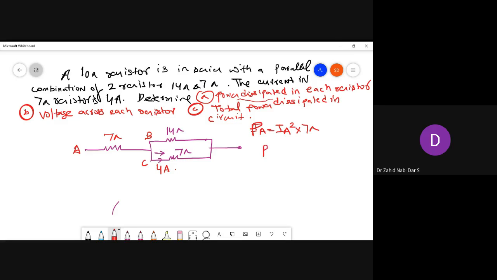At B, PB equals IB squared times 14 ohms. At C, PC equals IC squared times 14 ohms. Nothing else is given apart from this.